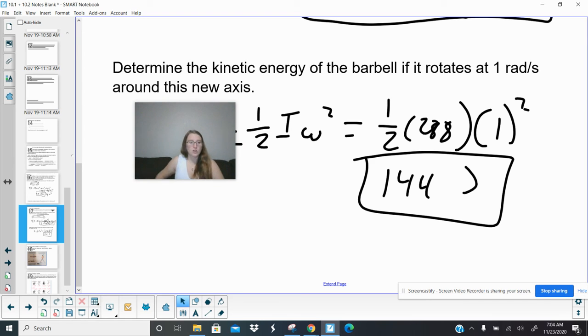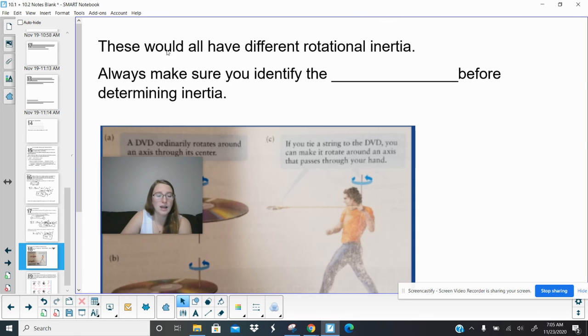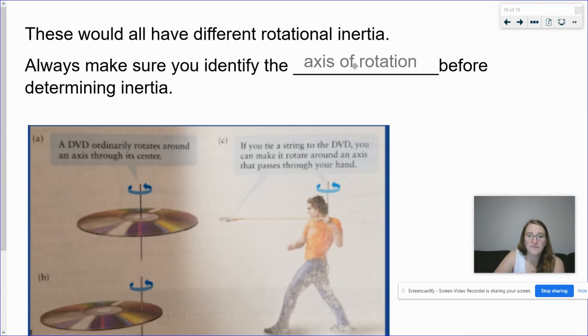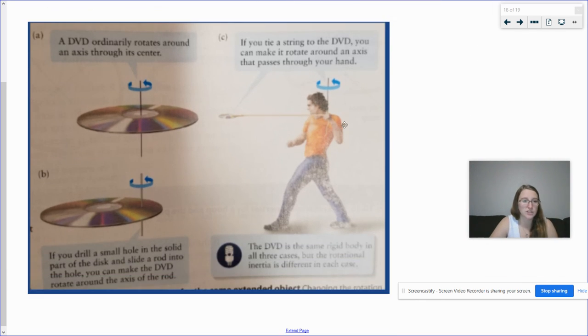Okay, so two last little notes we need to keep in mind here. Again, as I said earlier, it's really important that we identify the axis of rotation before you determine inertia. If we're looking at these different situations, it's all the same object, it's a DVD, rotating through the center versus if you stuck a pencil or drilled a small hole through and rotated around the edge, or even having it attached to a string and rotating it here.